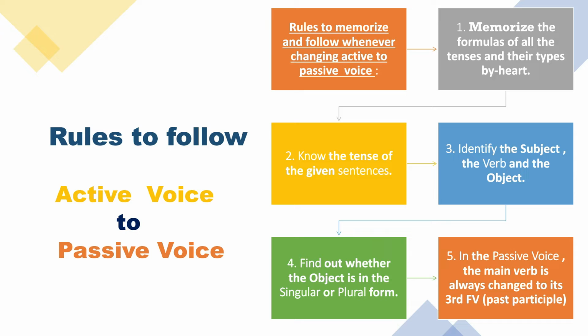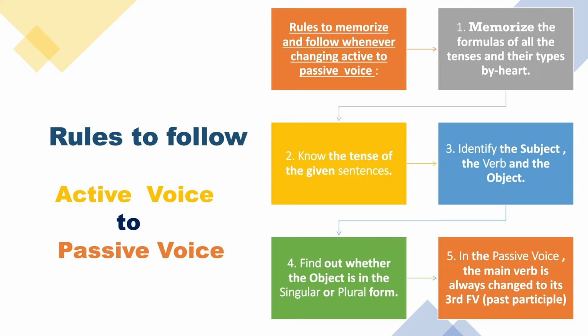When questions are given, you have to be able to identify what tense it is in. To know that, you have to know the formulas first. Number 3, after identifying the tense, you have to find out the subject, verb and the object. Let's go to number 4. Find out whether the object is in the singular or the plural form.